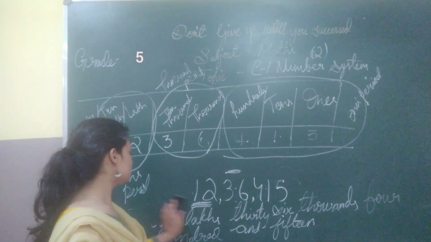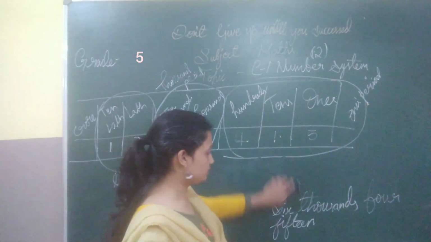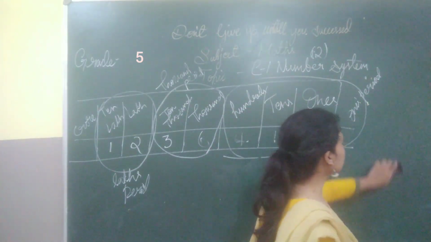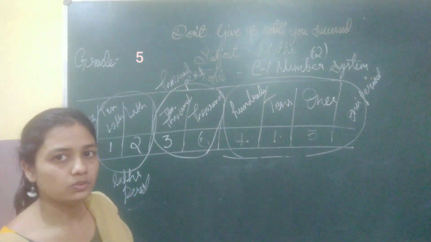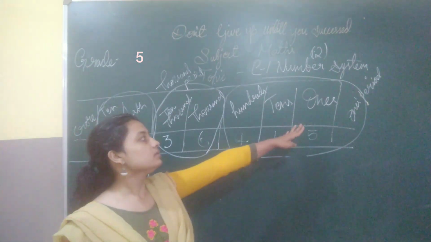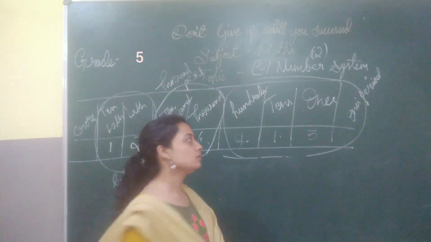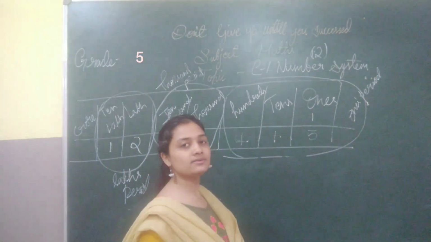Now let's know how to find the place value. Value means how much that number weighs. So you know the place. This is the place of 5 plus 1. So 1 is 1 here, right?